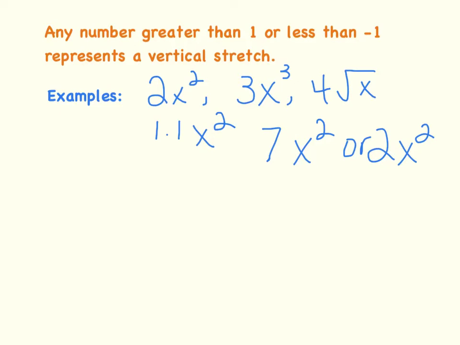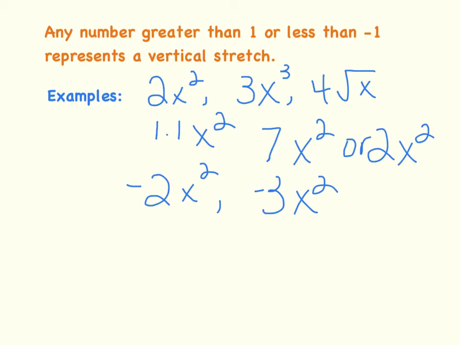Now let's look at some negative examples. Negative 2x squared, negative 3x squared. All of these are examples where the A value is less than -1 or greater than 1.